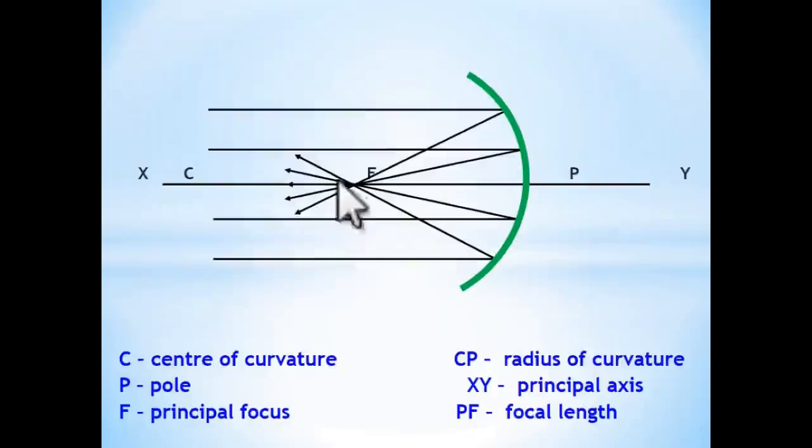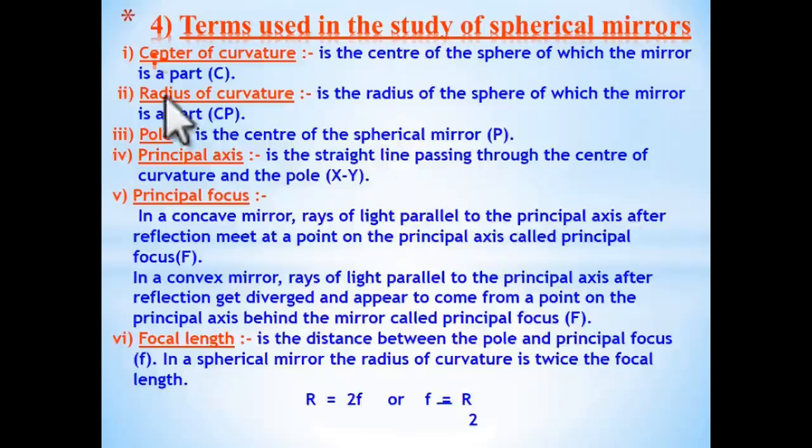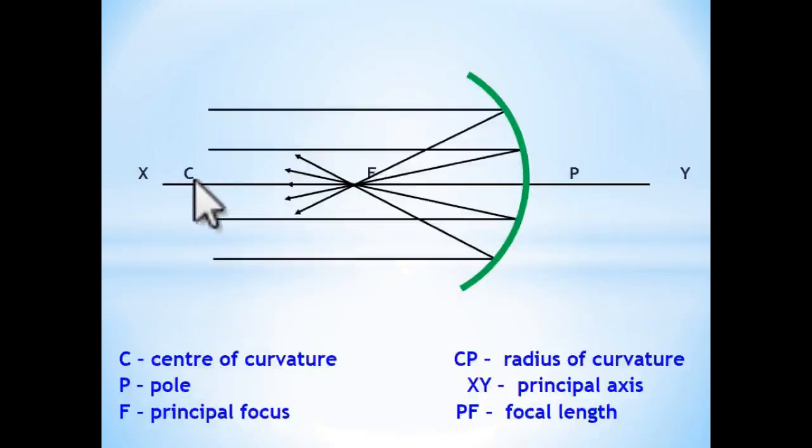So you can see here, if you consider this as the concave mirror, then the center of this sphere will be somewhere here. So this is called the center of curvature. Next, radius of curvature. It is nothing but the radius of the sphere of which the mirror is a part.